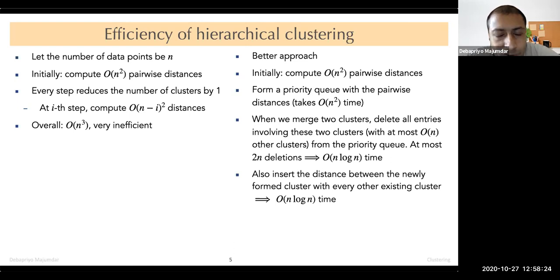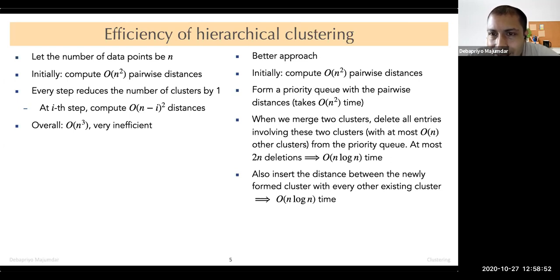And now the new cluster has been formed. From C and D, we have formed something called CD, right? So that new cluster now has a distance with every other cluster, and maybe there are order n of them at most. So we have to insert n new distances. That will be order n log n for the priority queue.